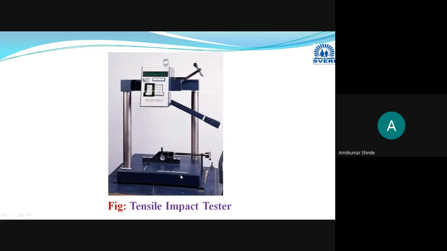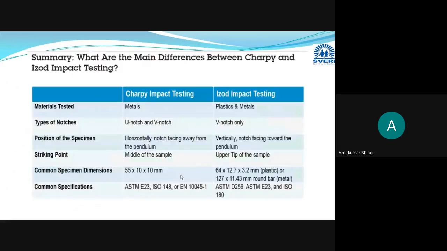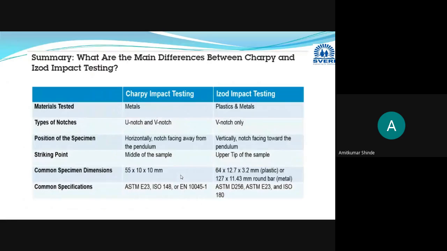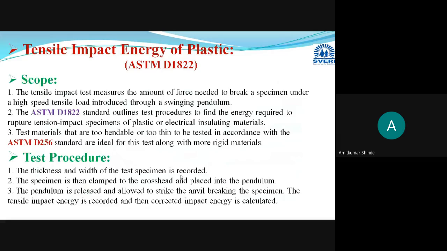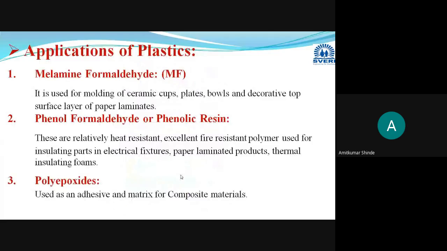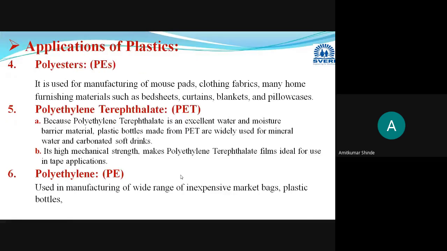I will repeat some part from impact testing, some part from tensile impact testing, and after that, I will move towards the applications of the plastics. In that, some special purpose plastics are there. I have added that at this part only. First three will be special purpose plastics, and after that we will see some applications of the plastic material.